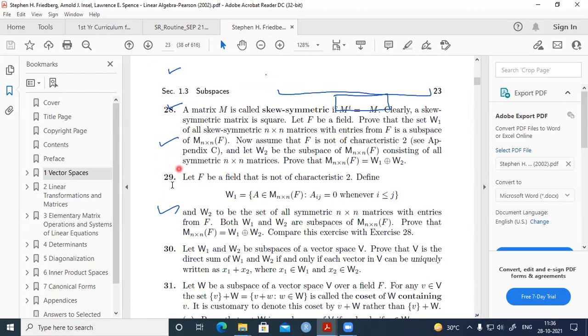Up to 29, if you solve this much, I think you will be in a position to understand what is happening, what sort of thing we need to show, and how to proceed with the problem. So if you do 9 or 10 problems, not all 31 problems I'm talking about, from this particular exercise, you're definitely going to understand what is happening over here.